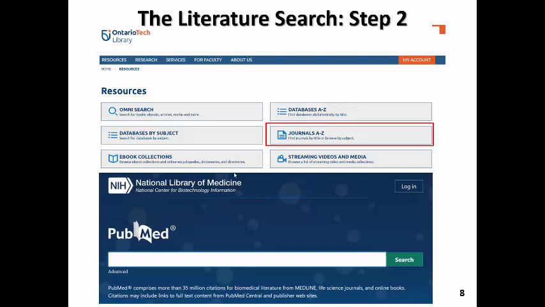Another very popular website is the National Library of Medicine, or PubMed, where you can type in various search terms, and this will return a whole host of findings, publications that appear in scientific journals related to a specific topic.